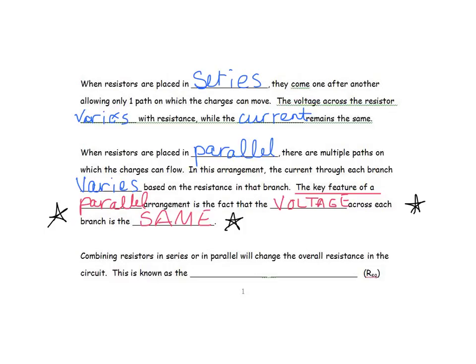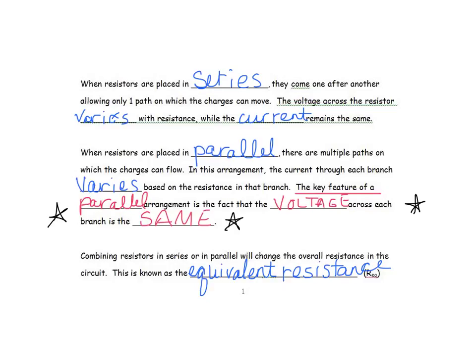That is the key. Now, when we combine resistors, you can combine them in such a way that you could replace all the resistors and get the same overall resistance. This is known as the equivalent resistance, which is what we will be working with and finding for the rest of this period.